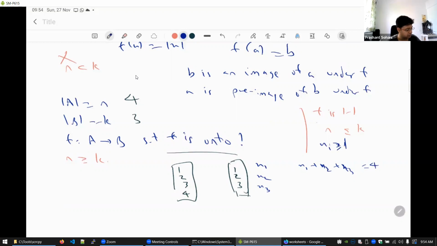Do you understand the question? That x1 is the number of objects of A which will map to number 1, x2 for 2 and x3 for 3. Since all the objects of A have to map to one of the three, therefore the sum of x1 plus x2 plus x3 has to be equal to 4. 6 choose 3, right? 6 choose 3.